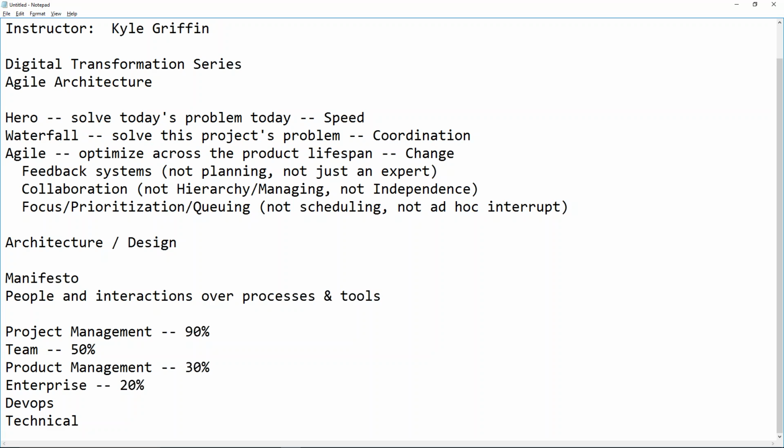If you're doing product management, you're probably also addressing some of the enterprise concerns, how you do hiring, how you do bonuses, those types of things. My experience says the number of people focused on technical Agile topics is, if you're lucky, 10% of everybody doing Agile.